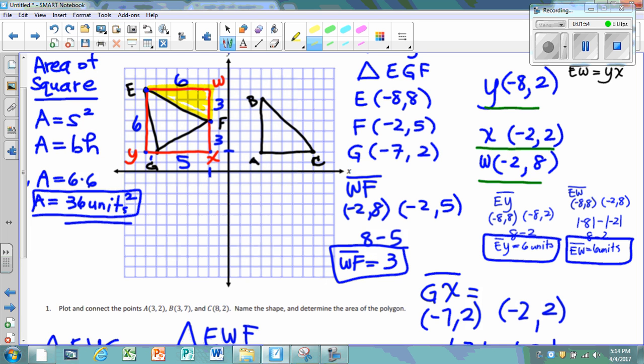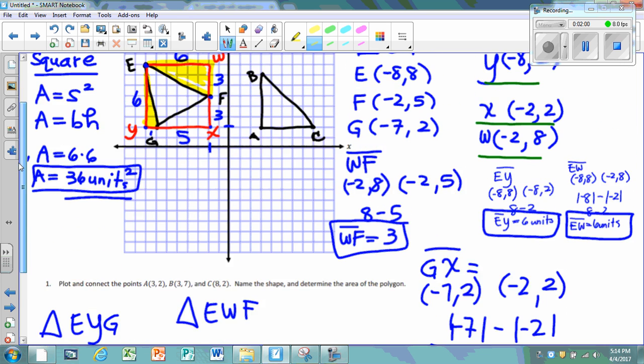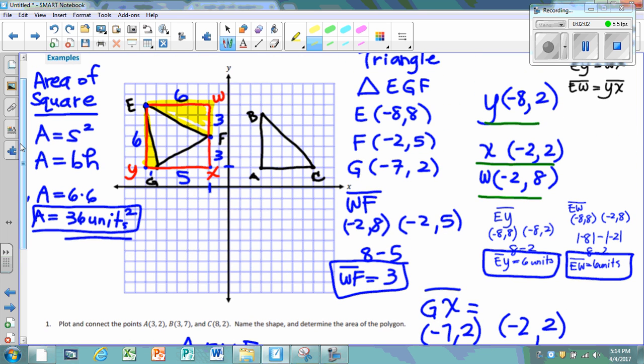Okay, we just solved for this one here, EYG. So if we're talking about EWF, we've got a side of 6, and a height of 6, and a base of 3.